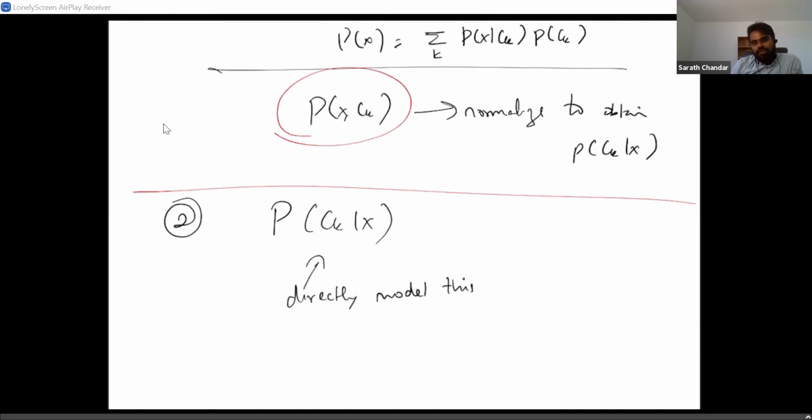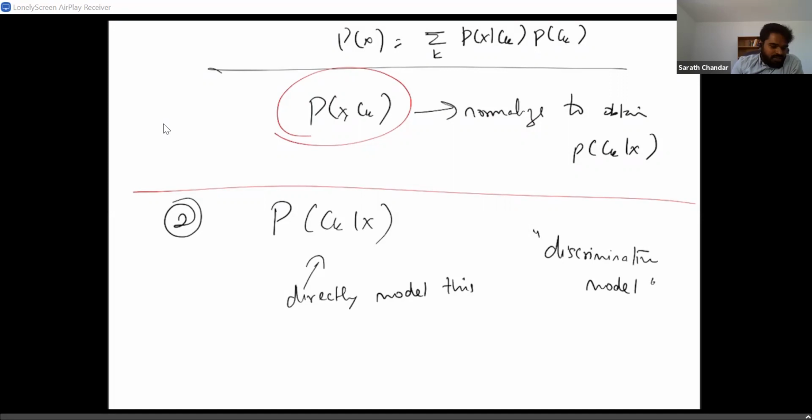There is no Bayes rule, no P of x given Ck, no P of Ck. So you directly try to come up with a model which, given x, tries to predict P of Ck given x. Okay, now this is known as discriminative model, because given x, it just tries to discriminate this x between one of the K classes.